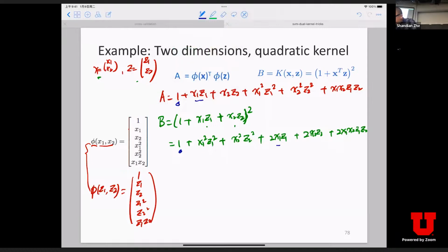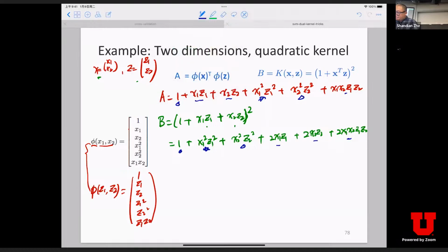So x2, z2, you have two x2, z2. And x1, x2, z1, z2, you have two x1, x2, z1, z2. And the remaining terms are just the square terms: x1 square, z1 square, and x2 square, z2 square.